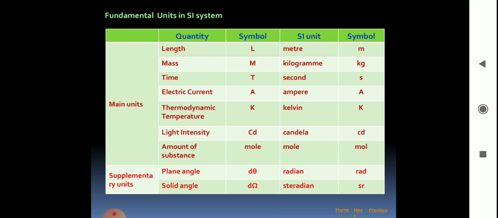Now the base quantities. The fundamental units, that is base units, the 7 base units, what are they? Length, mass, time, electric current, thermal temperature, light intensity, amount of substance. These are all physical quantities.